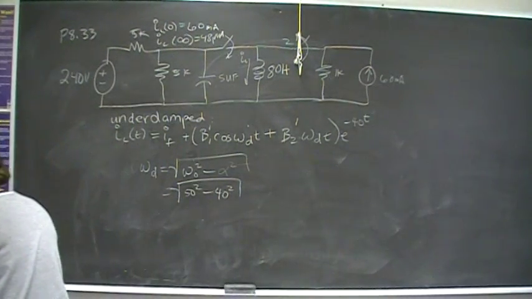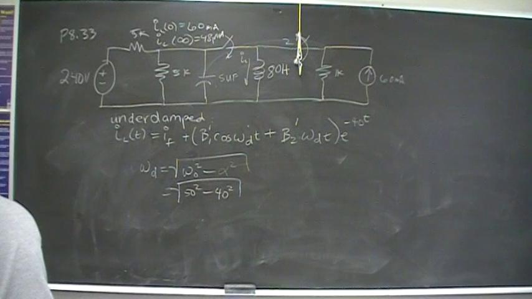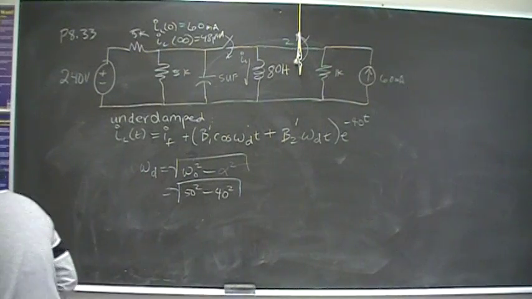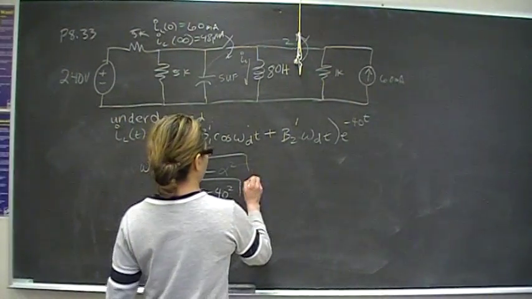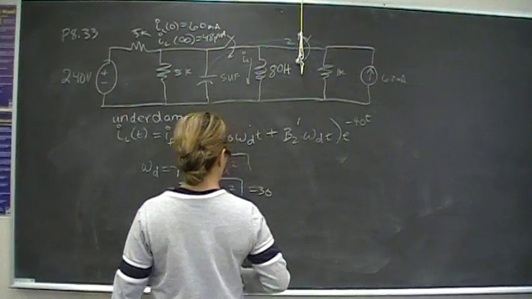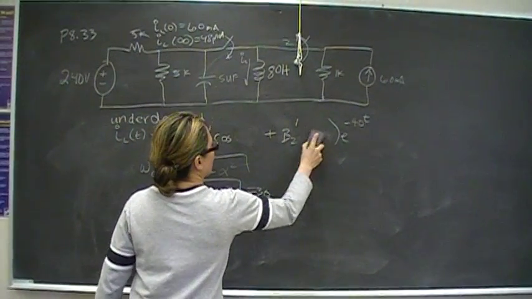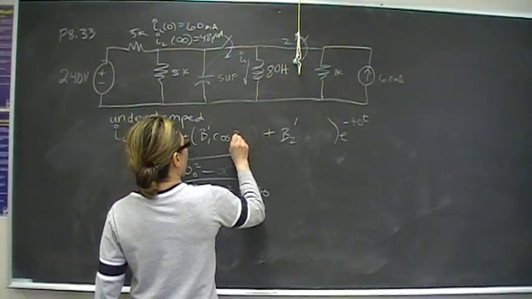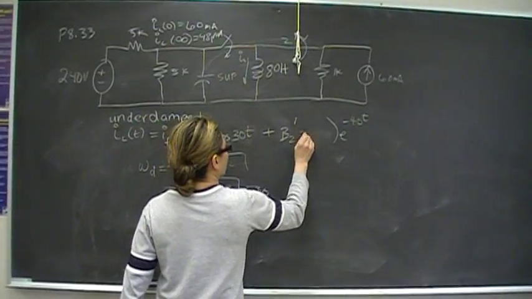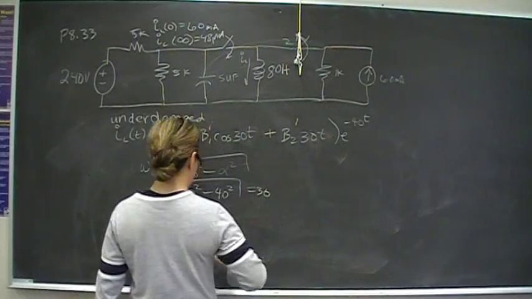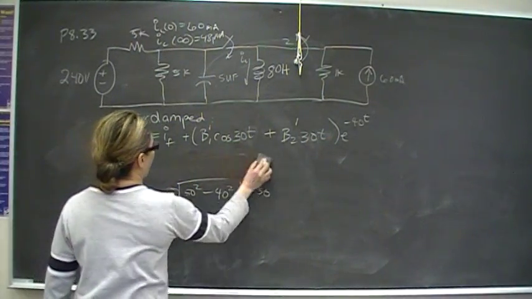Put that in your calculator. Square root of 50 squared minus 40 squared gives you 30. So let's replace omega d here with 30t. Okay. And what else do we have?